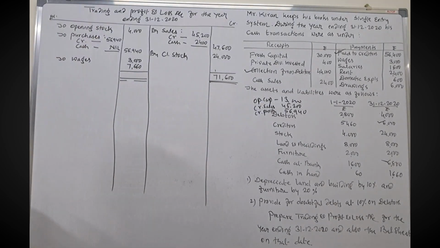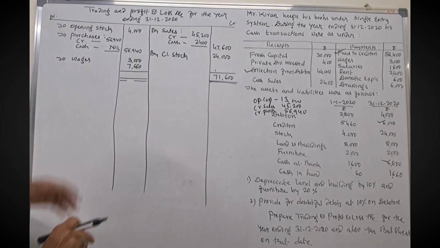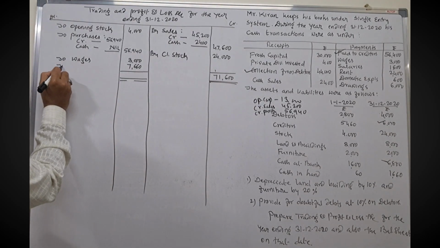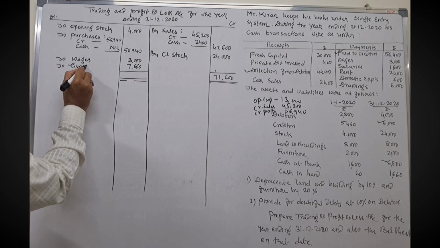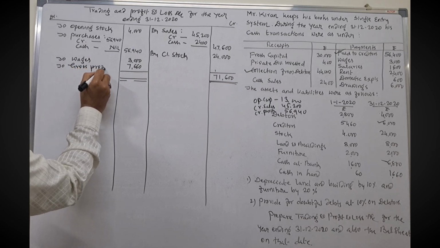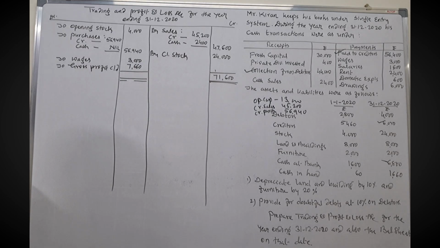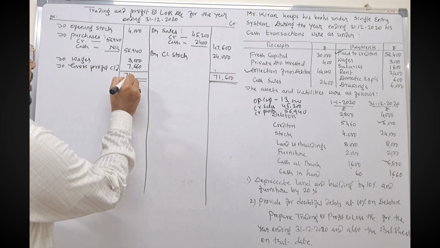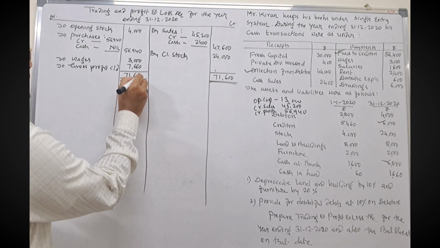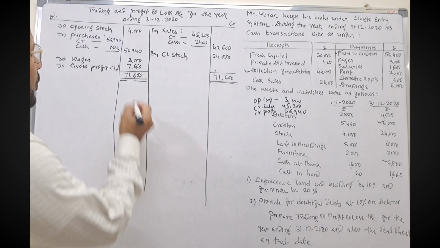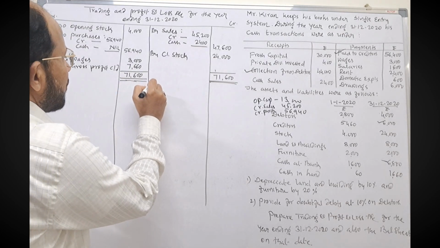What is this? Here the credit side is heavier than the debit side. That is why the difference in figure is the gross profit. Gross profit carried on. Right, 71,600.